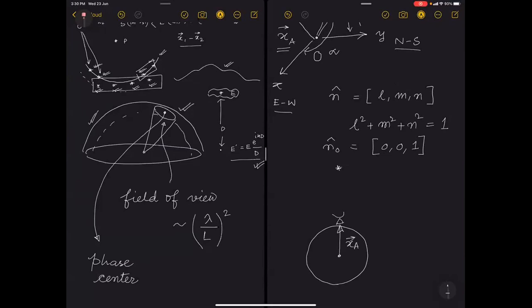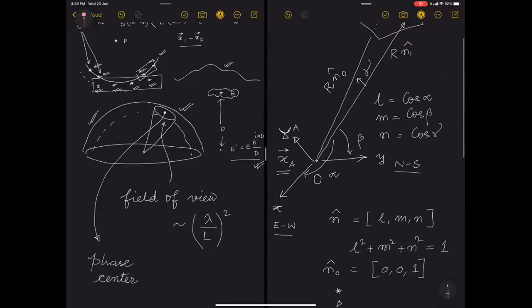It has only z component because that is my z direction. When the antenna is here, the antenna may have moved from there to there because of the Earth's rotation. The antenna still looks at the source. The xa vector is different. It should go from the center, but I cannot draw it there. So the xa vector is in this direction, and it will have different components along x, y, and z, right? So the components change as the Earth rotates.